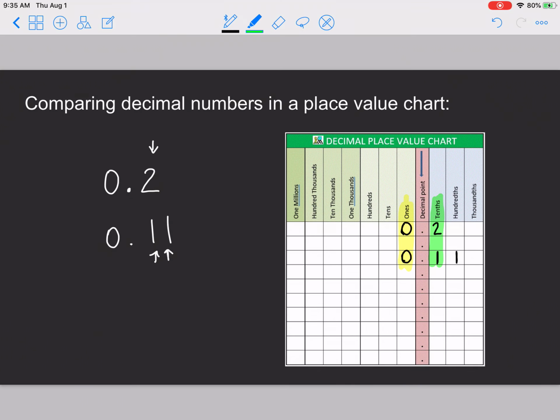Well, I know that 2 is greater than 1. So therefore, I now realize that my first number has the greater value. Because 2 is greater than 1.